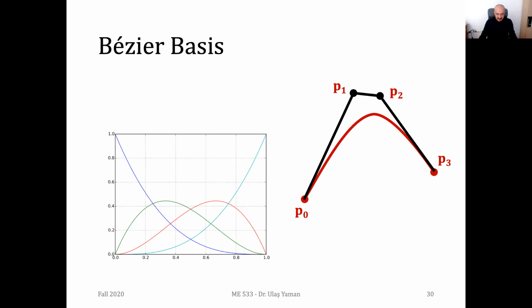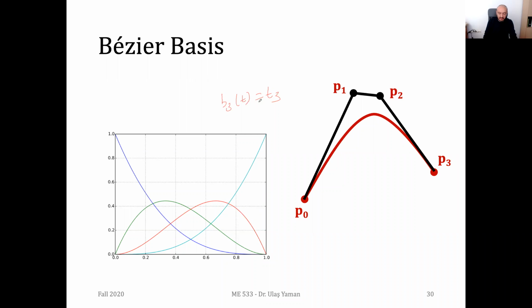So now you see we have the basis functions plotted here on the left-hand side. These are the 4 basis functions. Can you tell me which one is the fourth one? If you remember from the matrix, we had the last column as t.